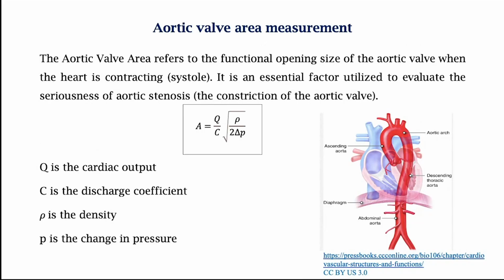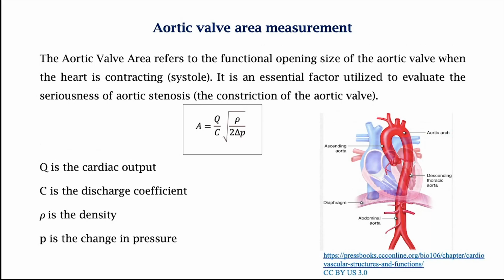Then we are interested in the aortic valve assessment. You are interested in computing the area of the aortic valve. Again, why is this an essential factor, why is this critical? Because when the heart is contracting during systole, when will the aortic valve open?